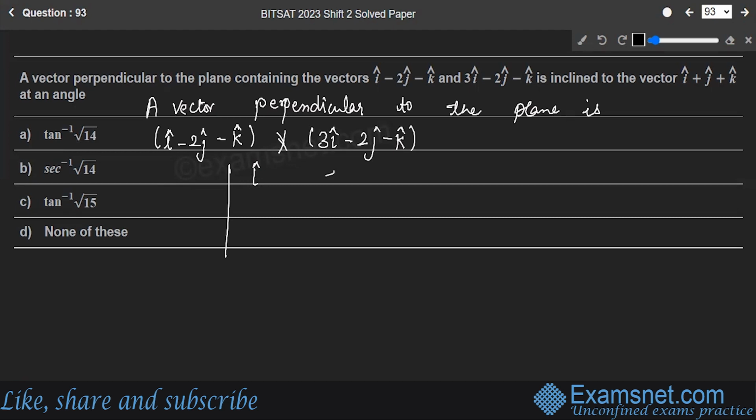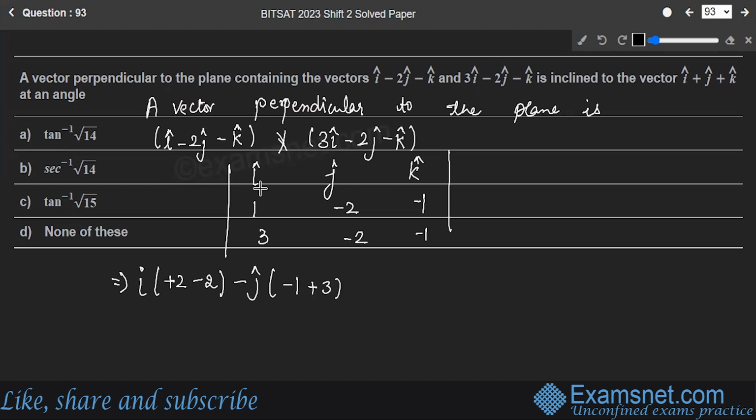So the cross product, I will write it like this. This is 1, minus 2, minus 1, 3, minus 2, minus 1. So let's solve this. You will have i times minus 2 minus 2. Sorry, this is plus 2. Plus 2 minus 2. And minus j, you have minus 1 plus 3, plus k, minus 2 plus 6.